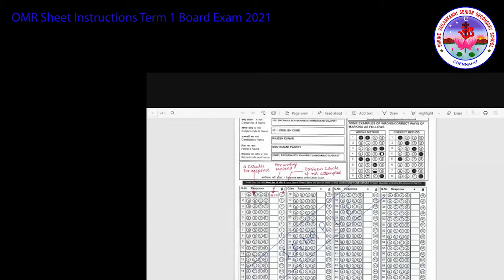For instance, Kavita ma'am, how many questions are to be answered for the physics 12th standard paper? Out of 60, they have to attend 50 questions, ma'am. Okay. So, question number 1 till question number 50.